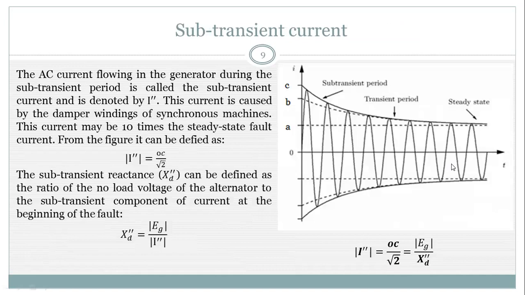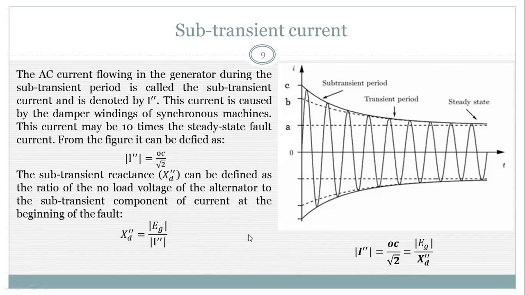If we calculate the subtransient current, the highest peak current, we denote it as I double prime. I double prime is OC divided by root 3, where OC is the high peak, the maximum voltage. If we want to calculate the RMS value, we have to divide it by root 2. And XD double prime is the subtransient reactance.